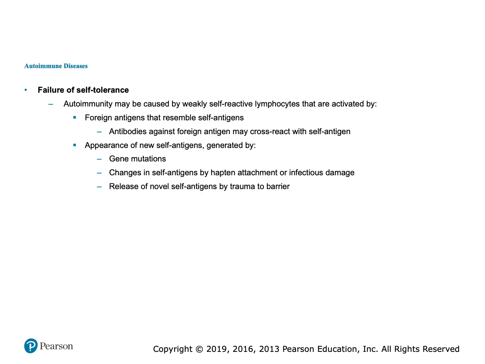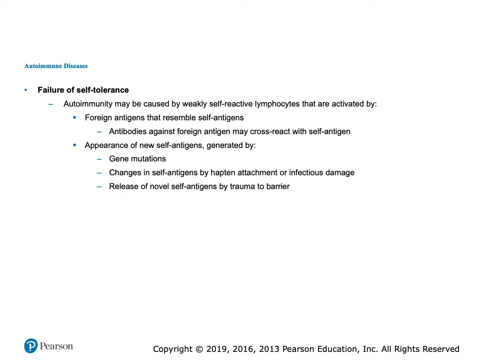Well, you can see I made this slide a little bit smaller. This is not going to be on your test. But these are just other ways that you can have an autoimmune problem. So sometimes foreign antigens look kind of like something that's yourself, where your immune system makes antibodies against it, or T cells will go after it.